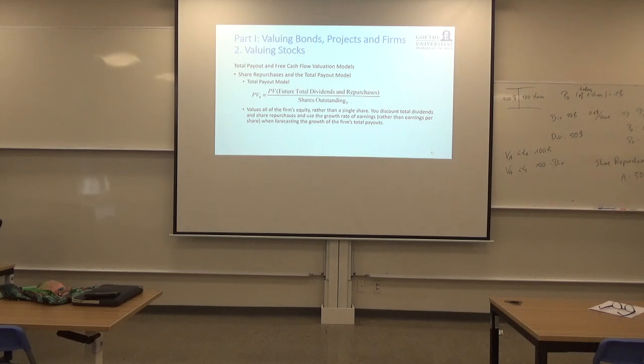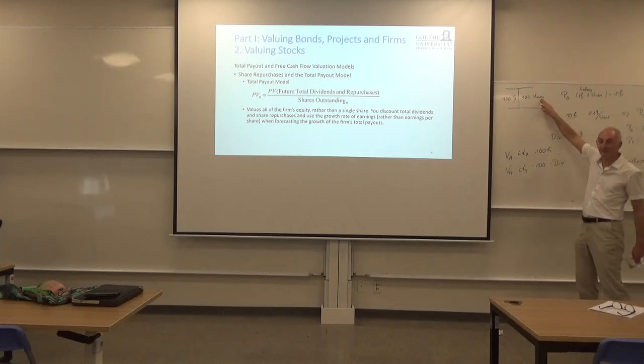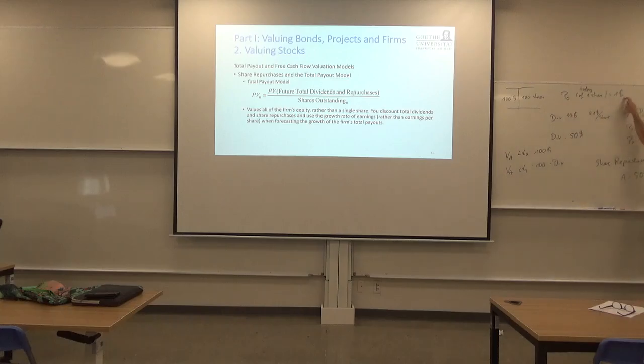So the P1, this always stands for the number. The number of shares goes down to 50. There were 100 shares now. They are trading at a share price of 1.